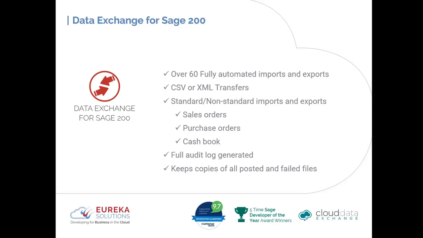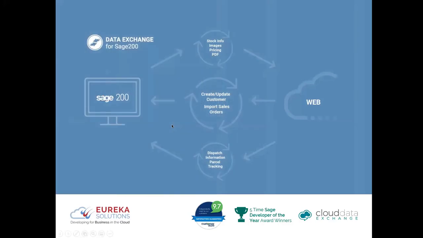It can also email a user or a group to say, yes, I've done it, or no, I haven't. That may be because the stock item doesn't exist in Sage, or the customer doesn't exist in Sage, or similar.